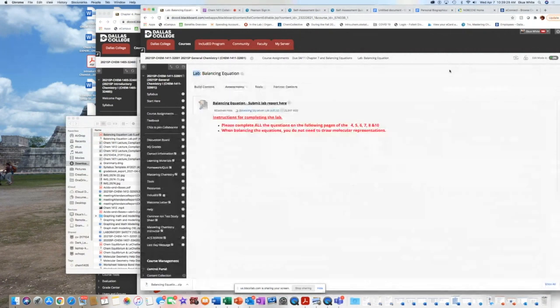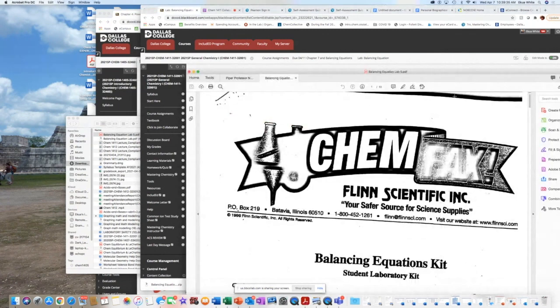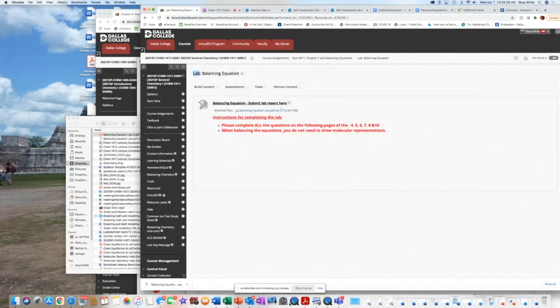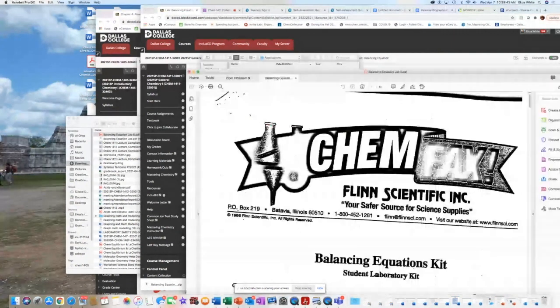Okay, this was scanned. Oh, come on, document. Why won't it move? I feel like I'm struggling here.